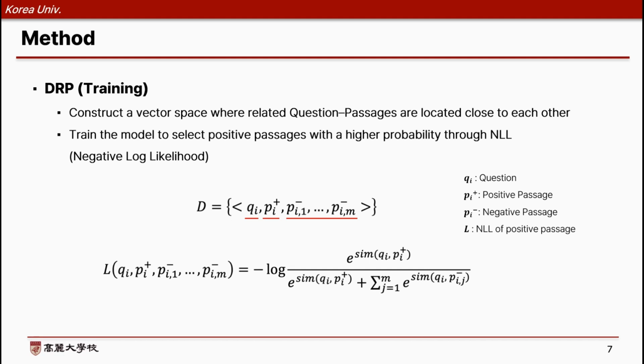After that, as shown in the second equation, the training is conducted so that the negative log likelihood is optimized and the similarity of the question and the positive passage is located close.